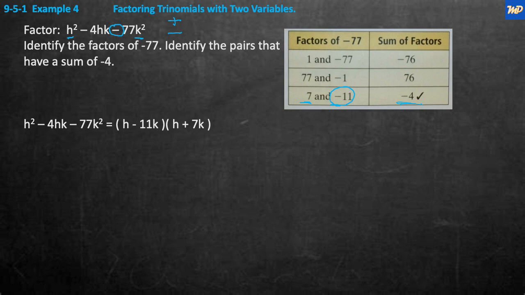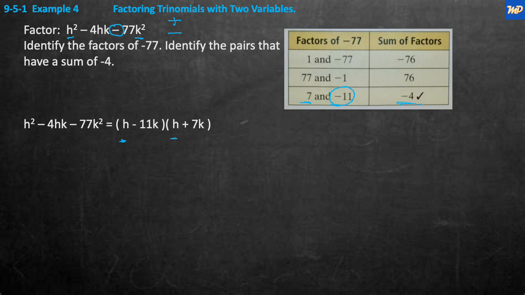We factored this out. We said h and h with the 2 sets of parens like I generally do here. And then the other term here is minus 11k and plus 7k. So those are our terms.